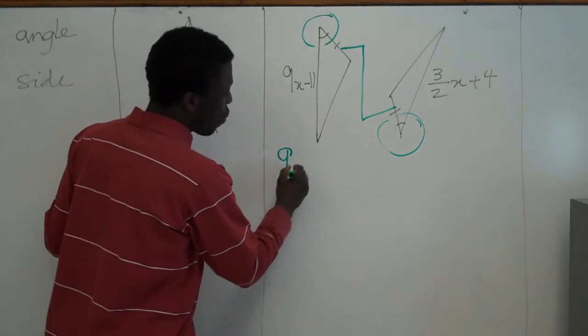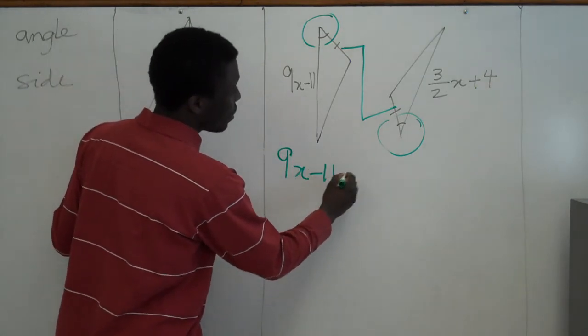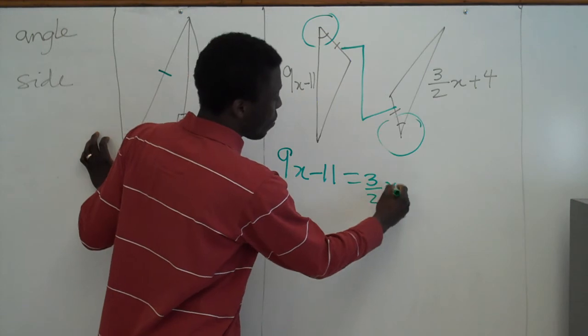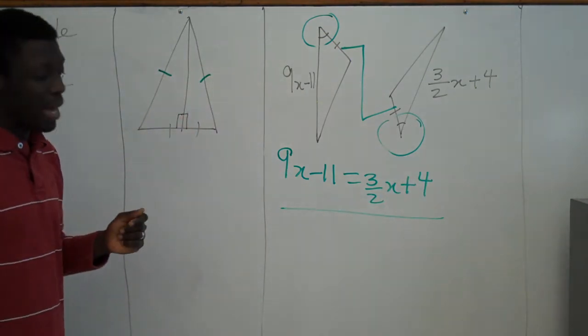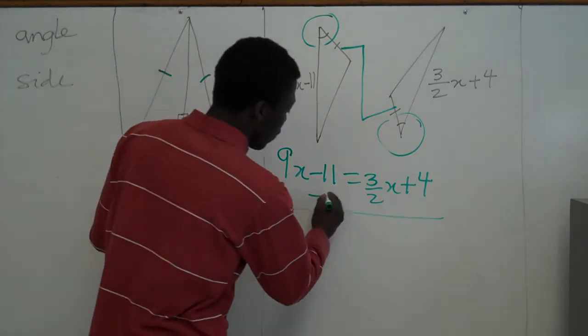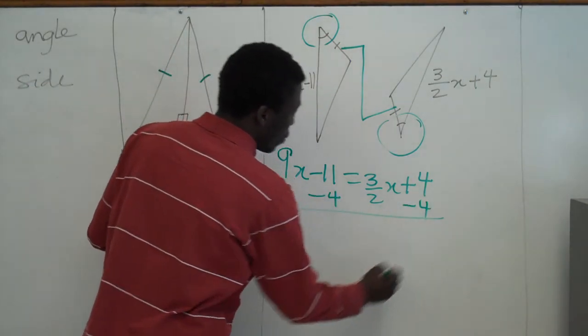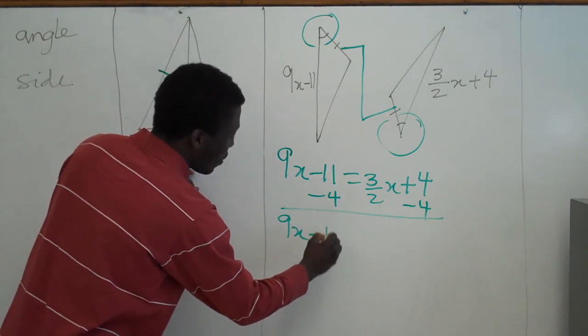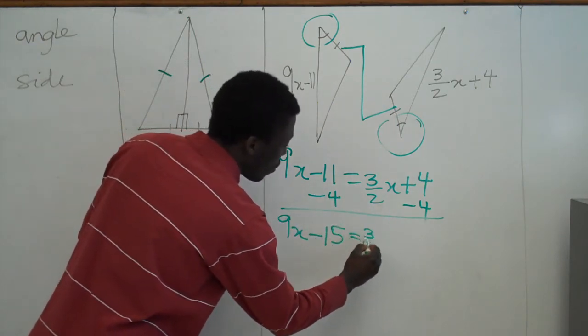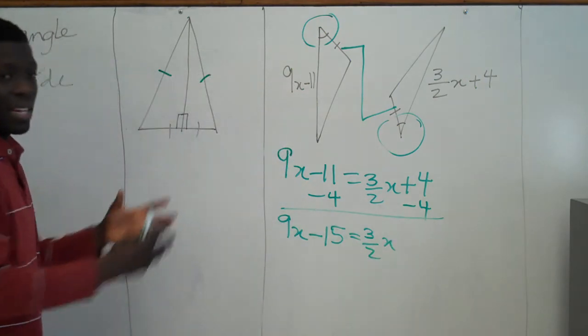And so you go ahead and equate 9x minus 11 with 3 over 2 x plus 4. And you just go ahead and solve that using the basic principles of math. You subtract 4 from both sides so that you can get this by itself. So you get 9x minus 15 is equal to 3 over 2 x. We're trying to bring like terms together.